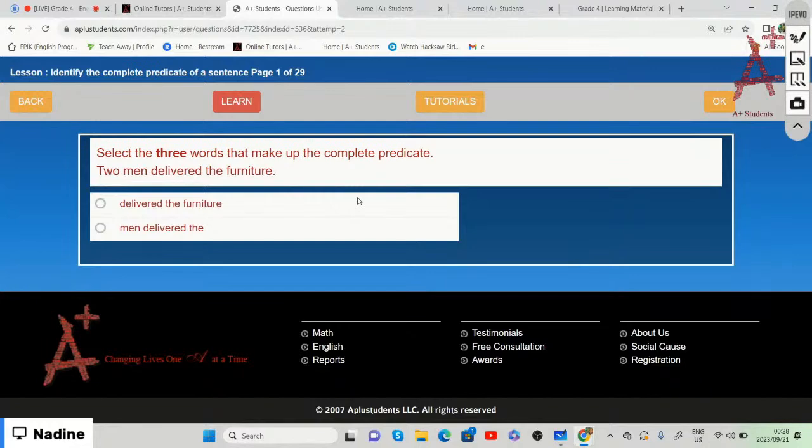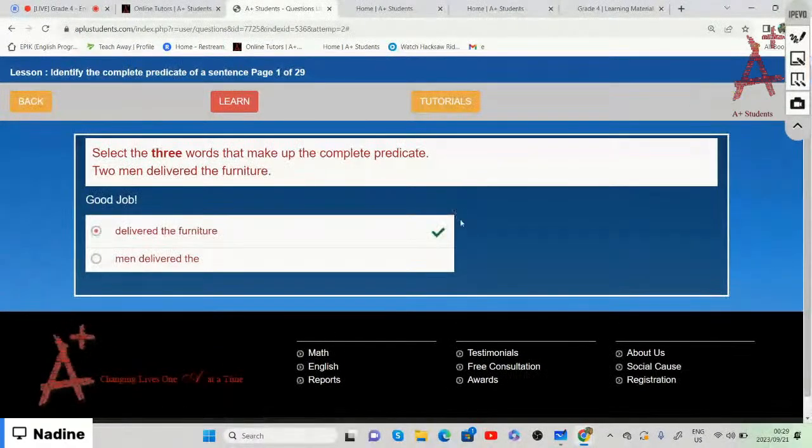Did they deliver the furniture or men delivered the? All right, so if we select our predicate, then we will say delivered the furniture. So these two men, they delivered the furniture.